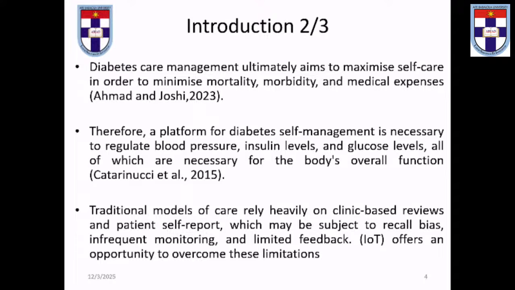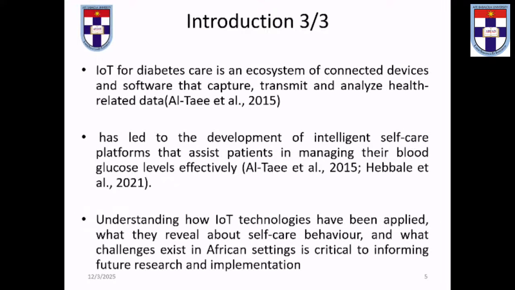This calls for a diabetic platform for self-management that will help patients regulate their blood sugar, their insulin levels, and also control their physical activity. So, Internet of Things is an ecosystem of connected devices and software that transmit, capture, and analyze health-related data, and it has led to the development of intelligent self-care platforms.